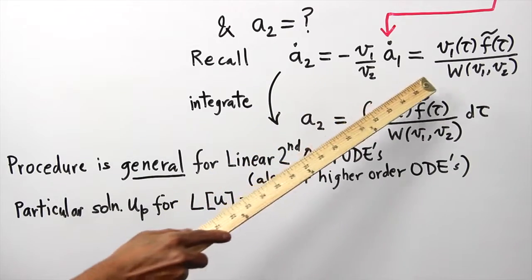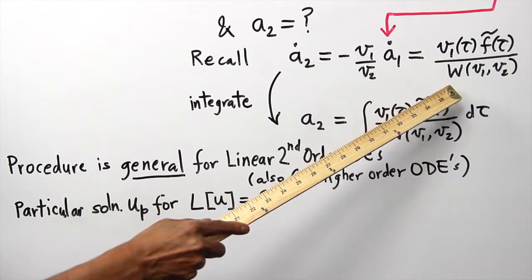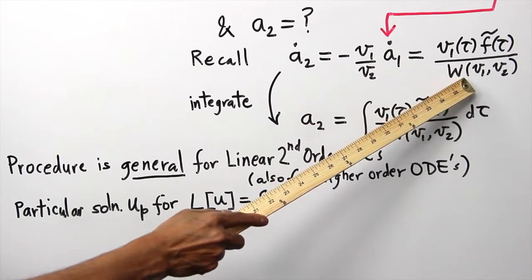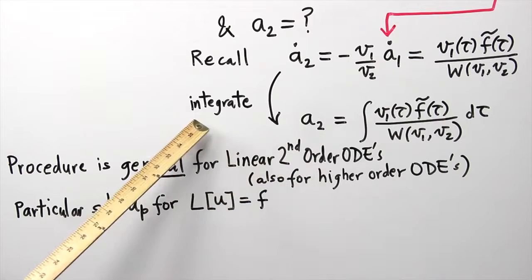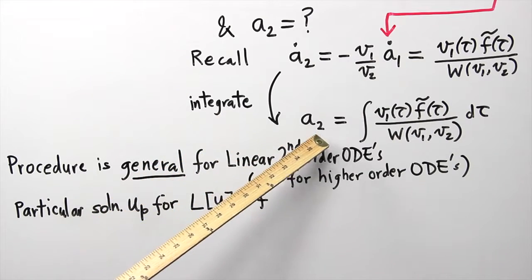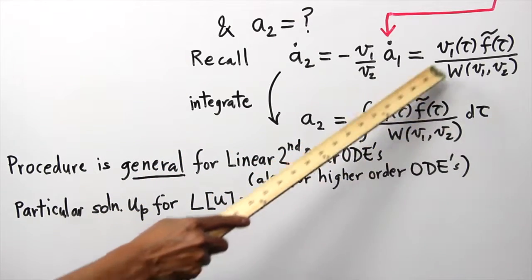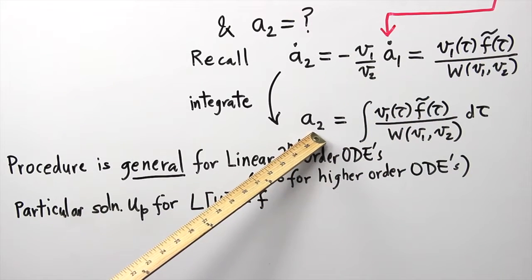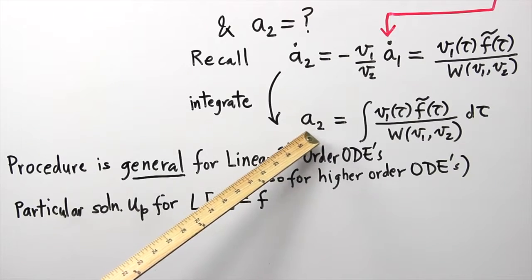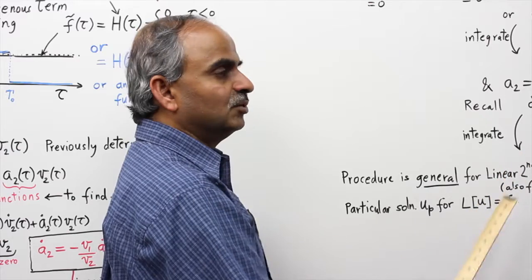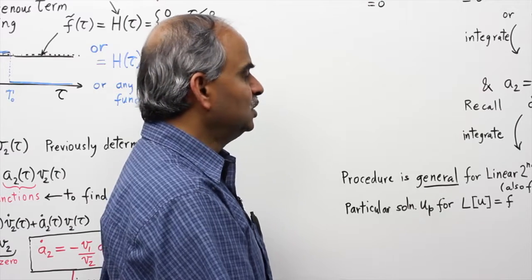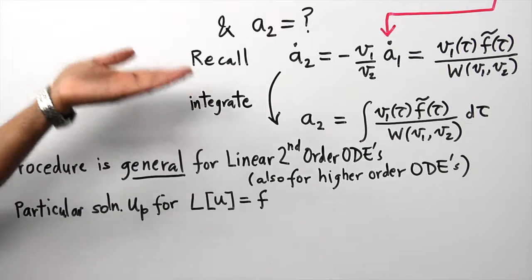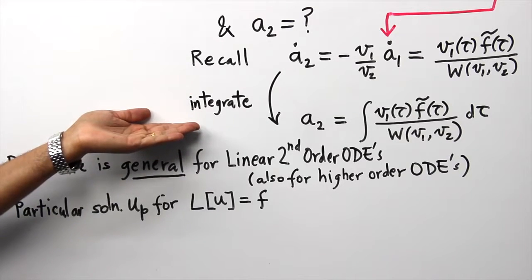And again, now a2 dot is entirely in terms of known functions of time, and so a2 dot equals this particular right hand side can also be immediately integrated. And so we can say, formally integrating that, we have a2 equals the integral of this expression over d tau, and that gives us the new function a2. And so at this point we have found both unknown functions a1 and a2, and thereby we have completed the particular solution for this example that we were illustrating this with.